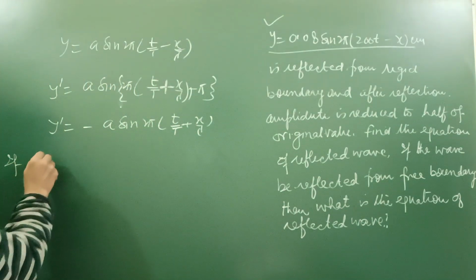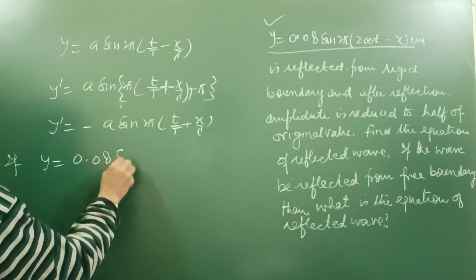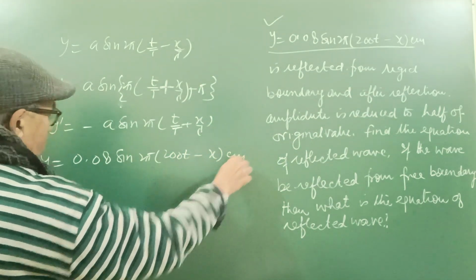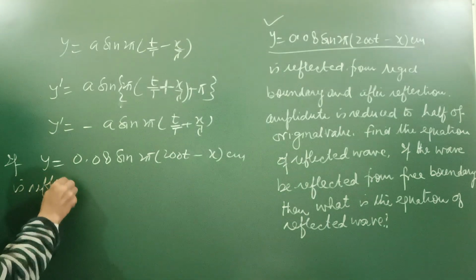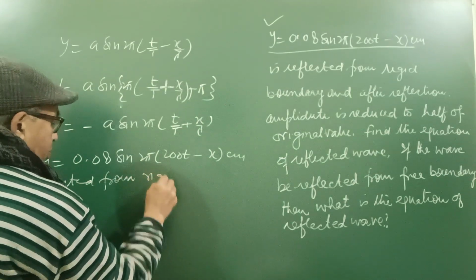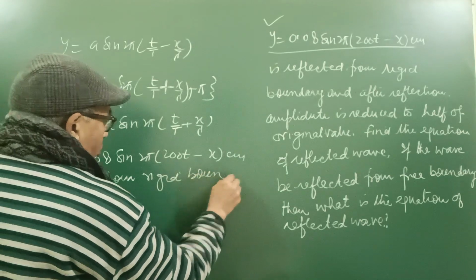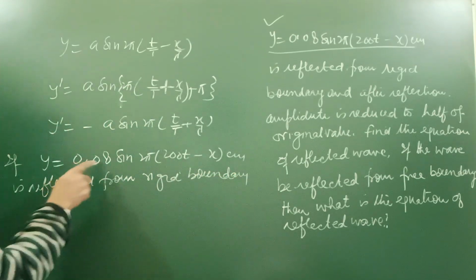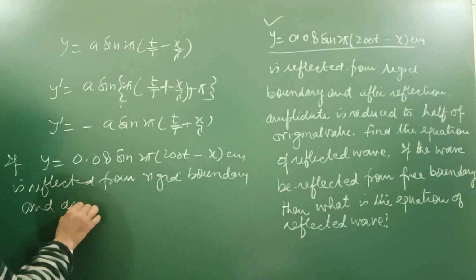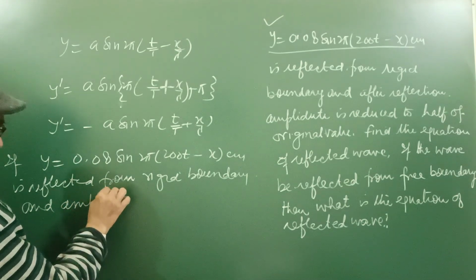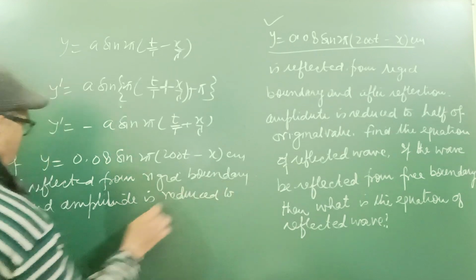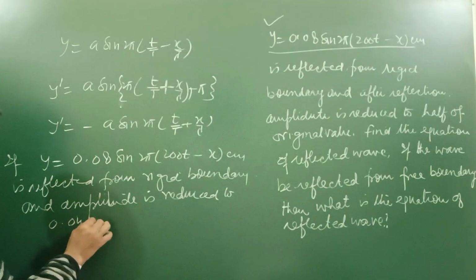If y equal to 0.08 sine 2 pi (200 t minus x) centimeter is reflected from rigid boundary, then the amplitude is reduced to 0.04 centimeter.